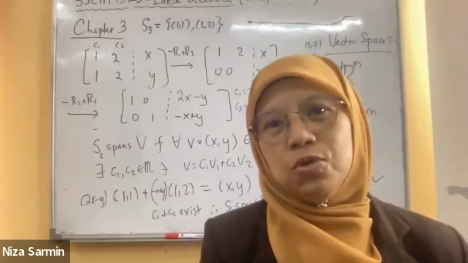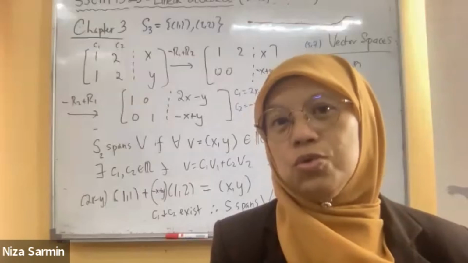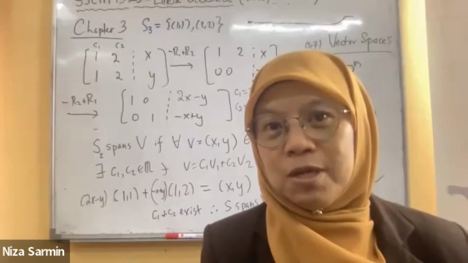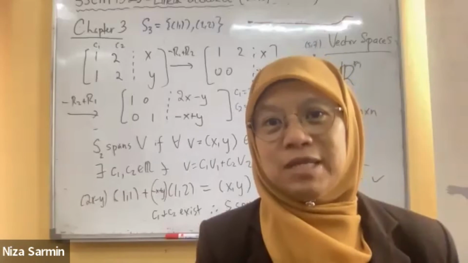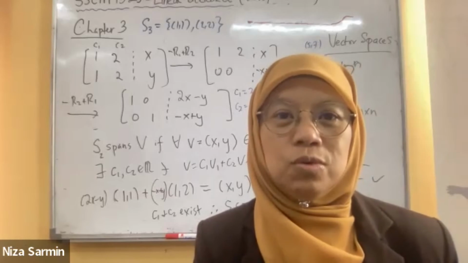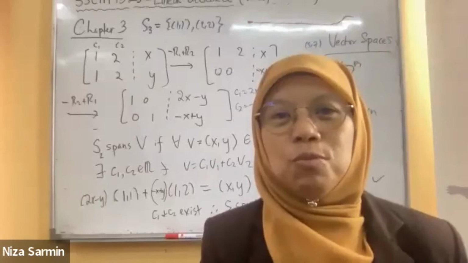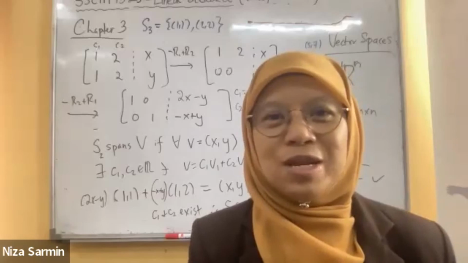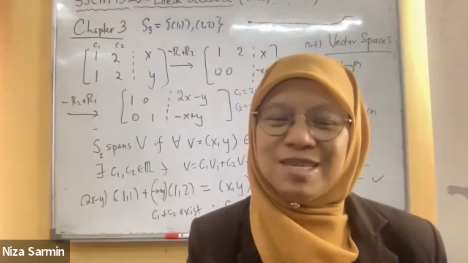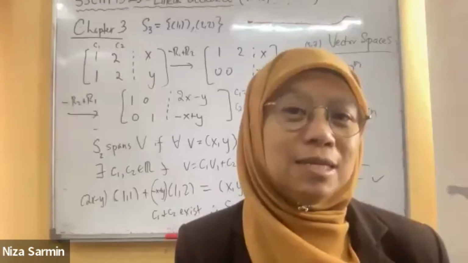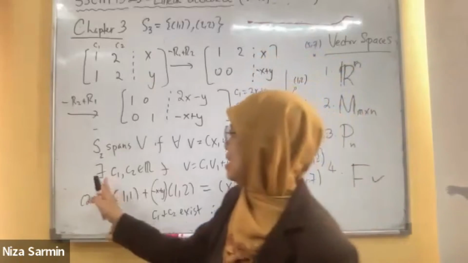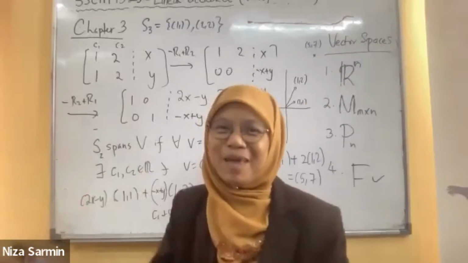It can only be used if the determinant is not 0, so it's unique. Okay, that is the end. Remember my tree diagram at the end of chapter 2? So don't just assume, oh, determinant is 0, so there is no solution. No, determinant is 0 can mean there is many solution. Many solution means there is a solution, so it still span.